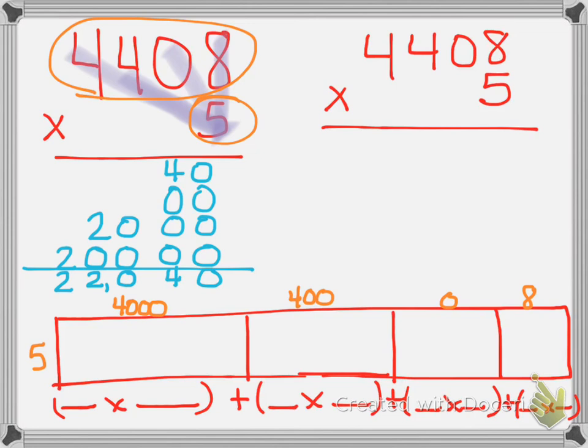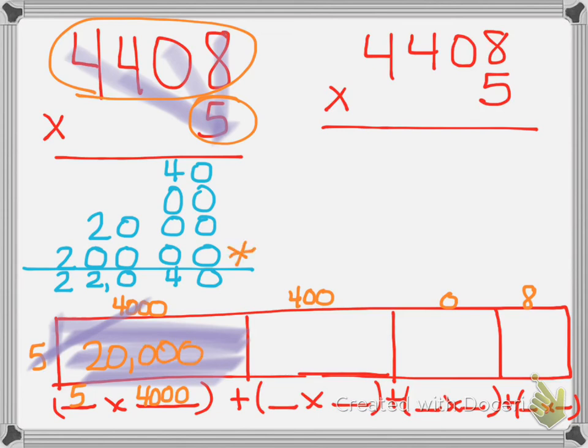All right, you know what we're doing. We got to find the area of the thousands place, and we do that by multiplying length times width. 5 times 4 thousands is 20 thousands. I can see that right here on my partial products.